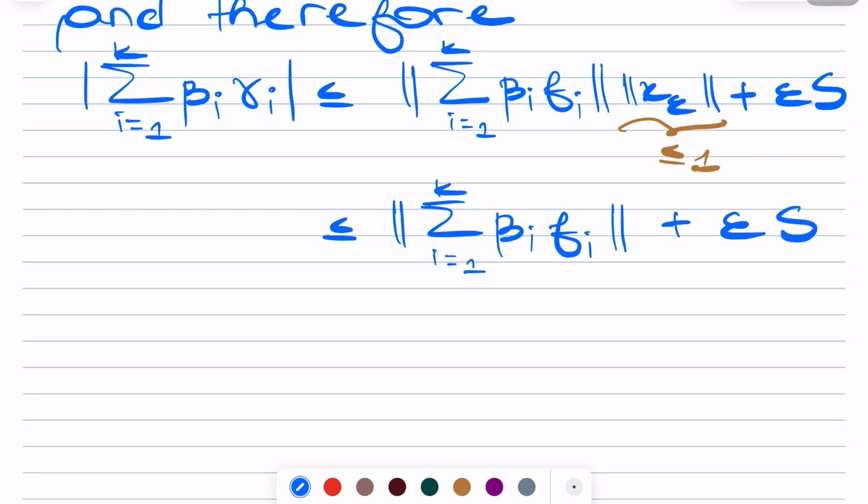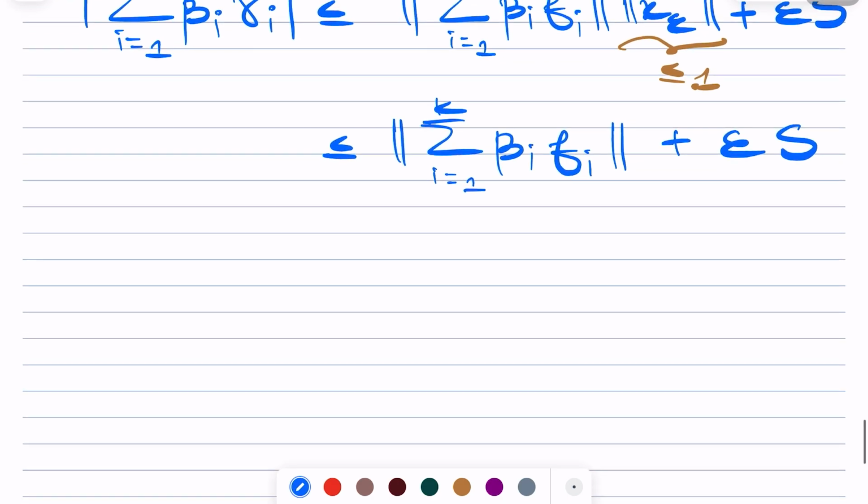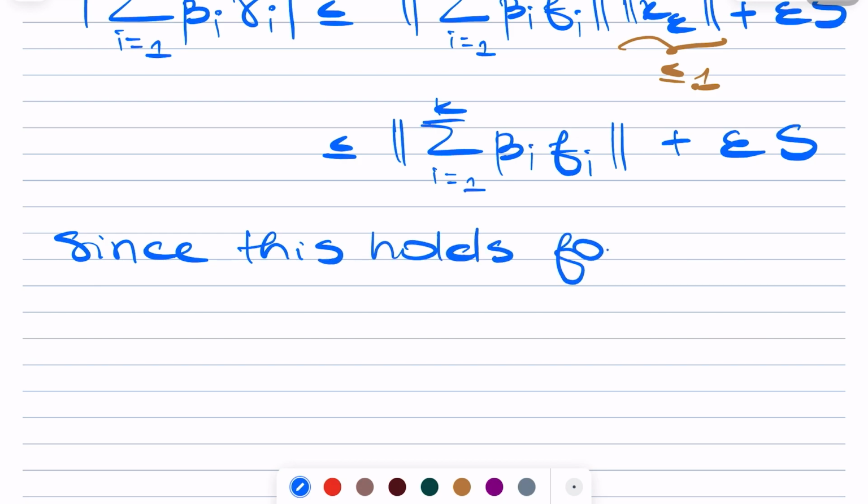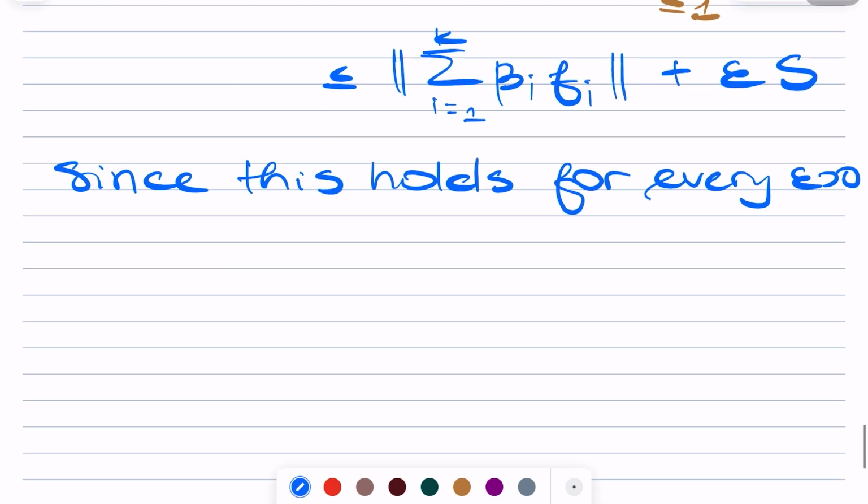So now, since this holds for every epsilon positive, we can make epsilon arbitrarily small, and you obtain the second assertion.